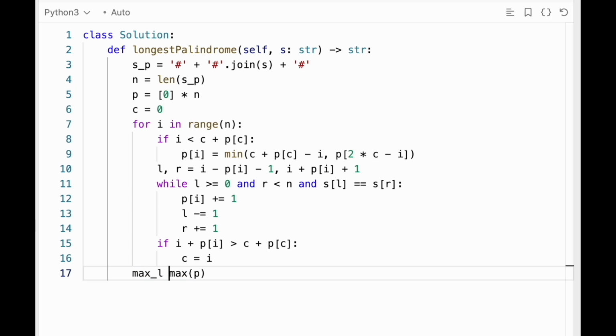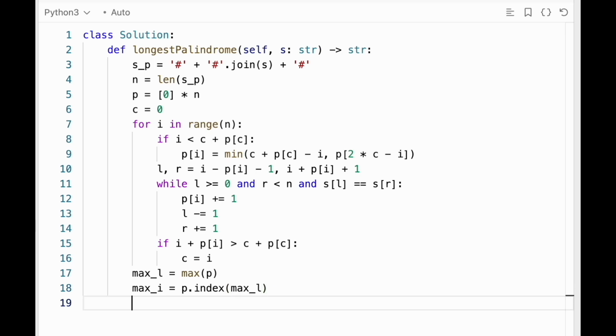Let's say max L equal to this, and we have to find the index of that center character. Max I, which is the index, is equal to p dot index of this max value. Then we have to find the start index of this palindrome, which is max I, which is the center index, minus max L, which is the length of both the halves.